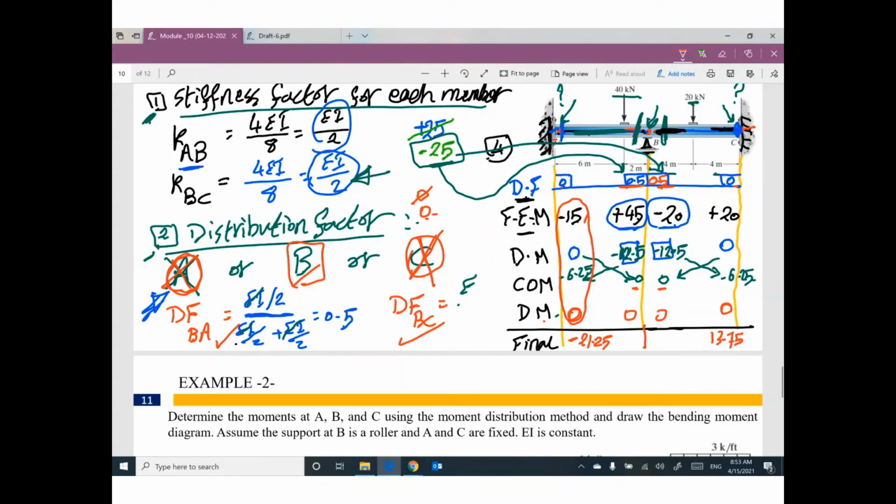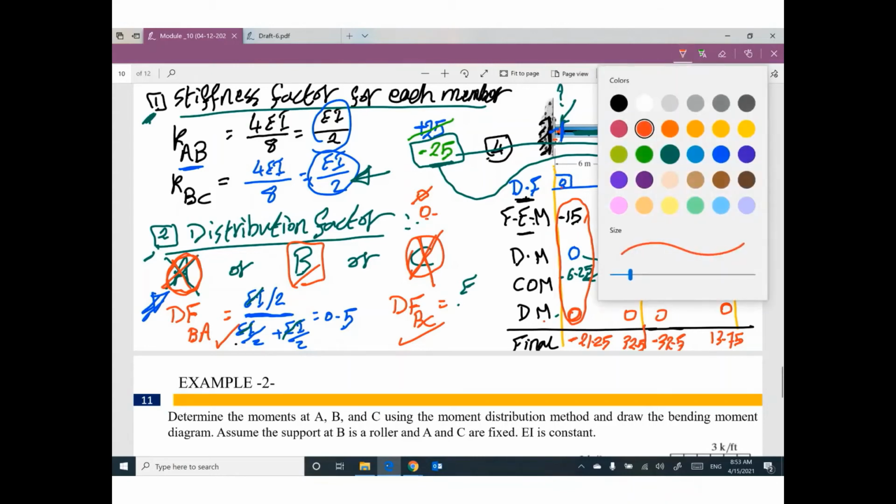What is the value here? 45 minus 12.5, I will get 32.5. The other side, negative 20 plus negative 12.5, you will get negative 32.5. And I am good. I am done.